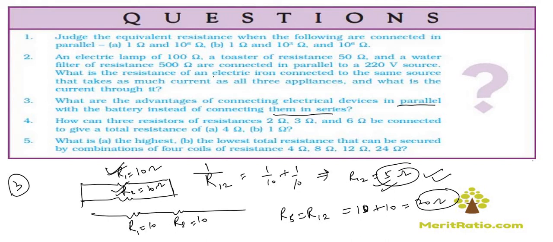On the other hand, whenever we take the series combination, in this situation the equivalent resistance is even greater than the greatest value of the resistor. In this case, we have taken equal values of the resistors for understanding this concept clearly. So there are many points we can say in this question. What are the advantages? The first advantage is that the equivalent resistance in parallel combination is even lesser than the least value of the resistor taken in the combination.